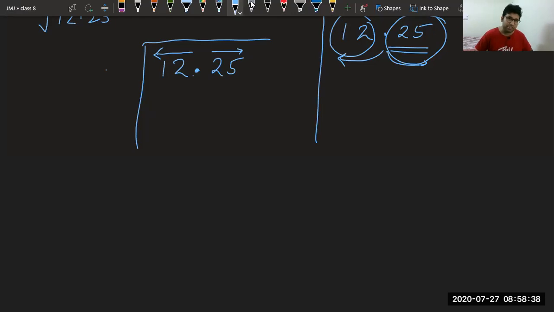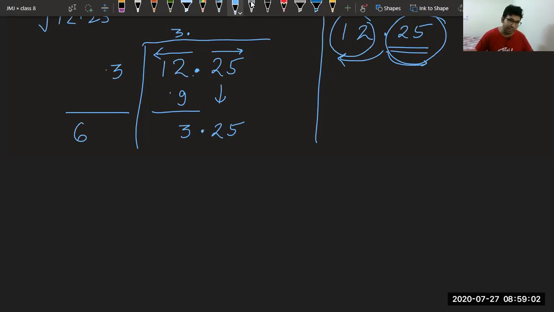Now tell me, which number square is 12 or less than 12? It is 3. So 3 and 3, we are getting 9. 12 minus 9 is 3, and bring down 25, so 3.25 will come. Now twice of 3 is 6. We have a decimal over here now. Which number should we take?